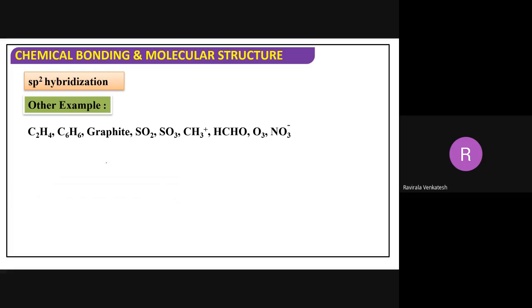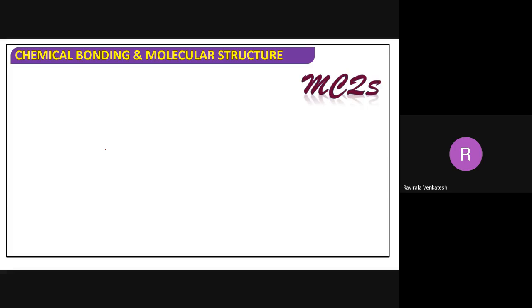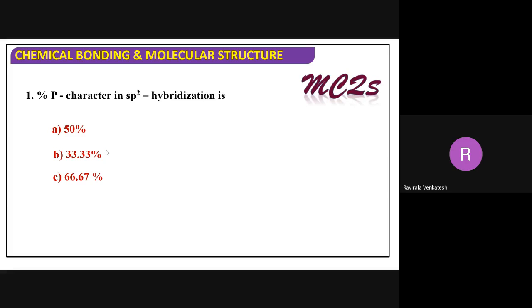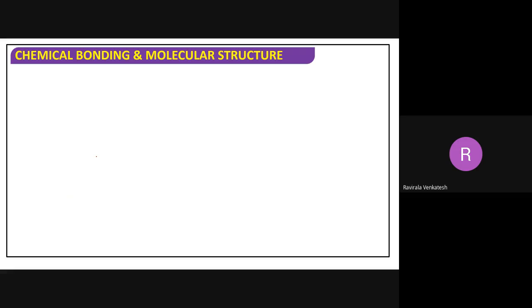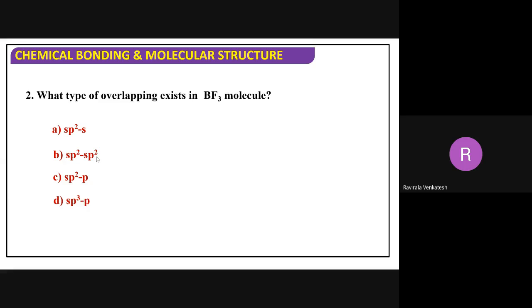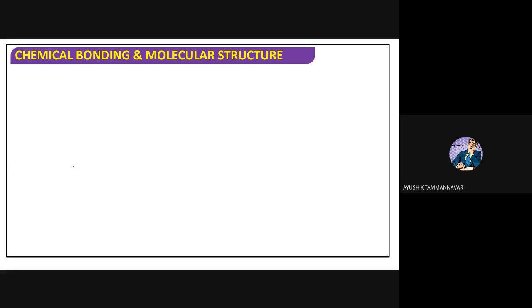Other examples you can take are C2H4 and C6H6. The formation of C2H4 I will discuss after the hybridization. The percentage of p character in sp2 hybridization is 66.67%, the remaining 33% being s character. The type of overlapping here is option C, sp2-p overlapping.